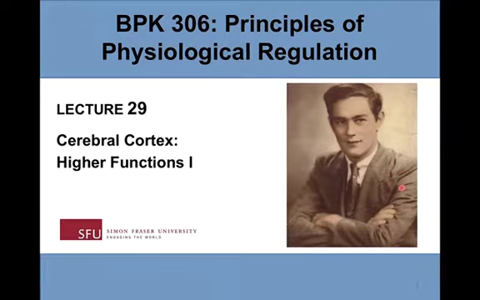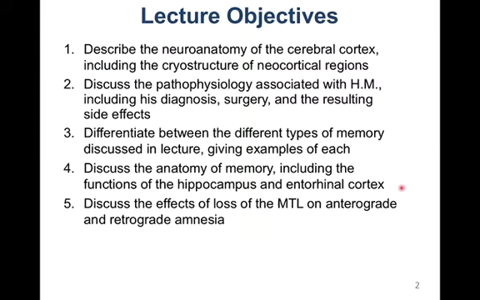This surgery effectively cured his seizures, but came with the horrific side effect of leaving him unable to form any new memories. So he would essentially live a few minutes at a time before everything would reset and start over in terms of his memory. So we'll talk about patient HM, and I'll have you read a couple of papers once you've listened to the lecture and worked through the slides.